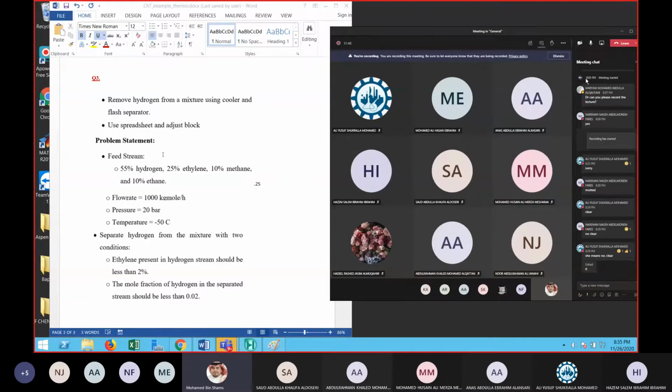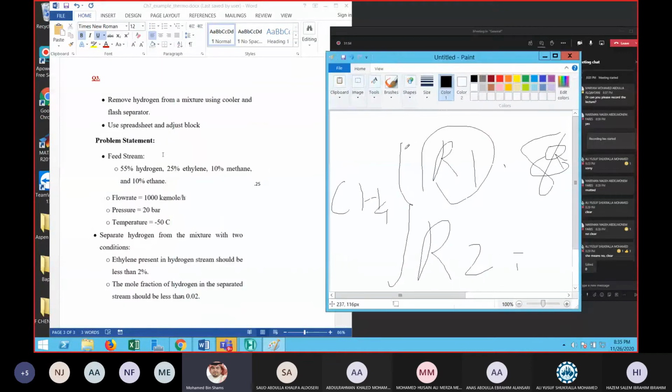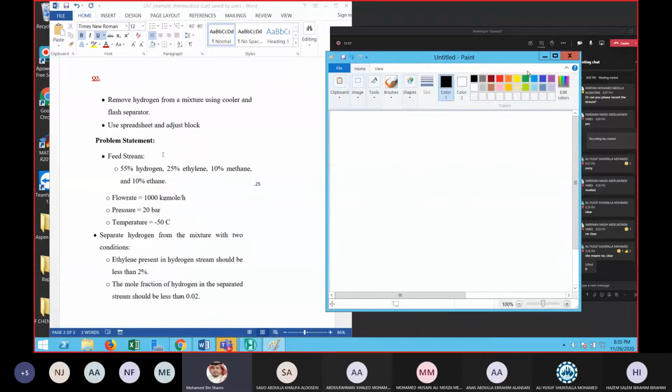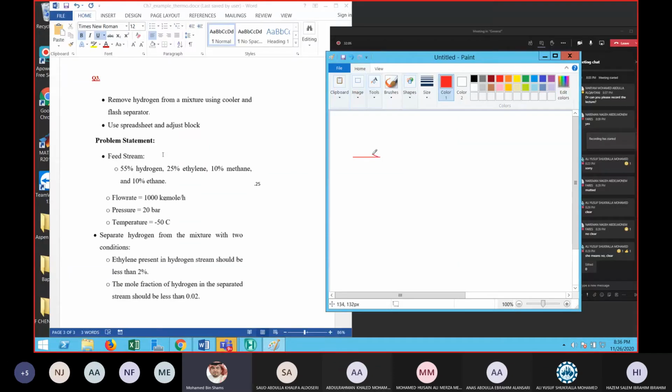Okay, guys, so in this problem we have a stream. Let me draw it for you here quickly so you have a feeling of how the problem looks. We have a stream containing hydrogen, ethylene, methane, and ethane. Ethylene means a double bond, methane and ethane single bonds, and hydrogen.